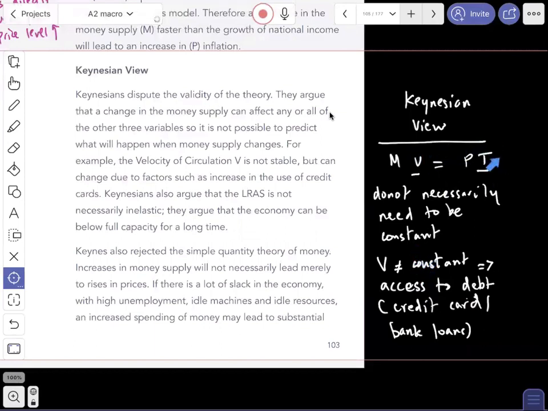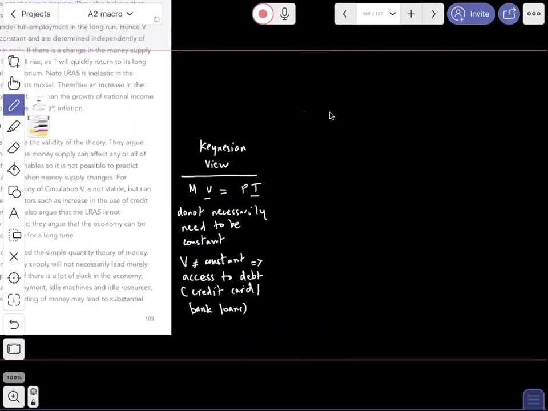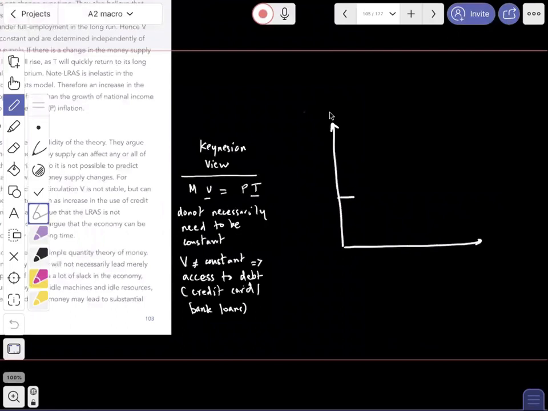And they also said T is basically your total output. But what if your LRAS is like this? According to Keynesians, this is what LRAS looks like, which is at YF. What if you are here? What if there is massive unemployment happening?